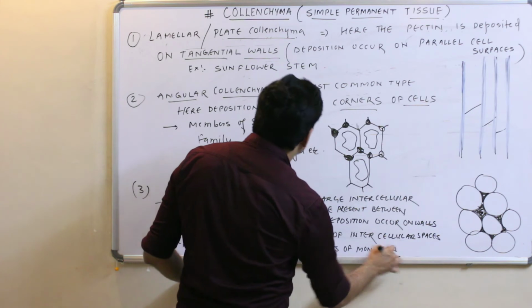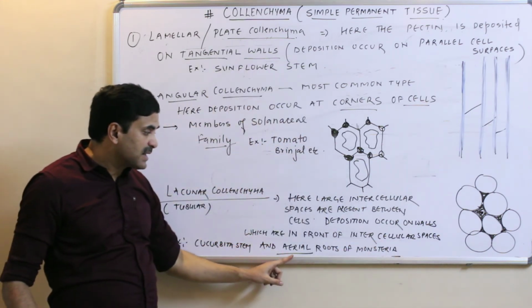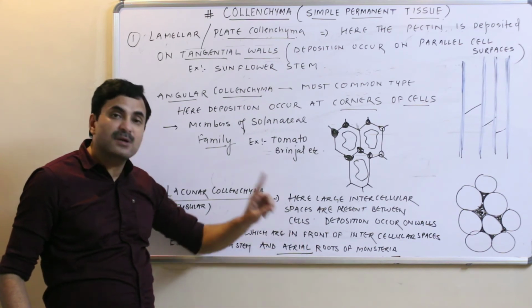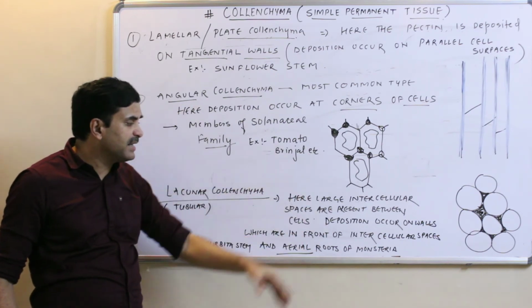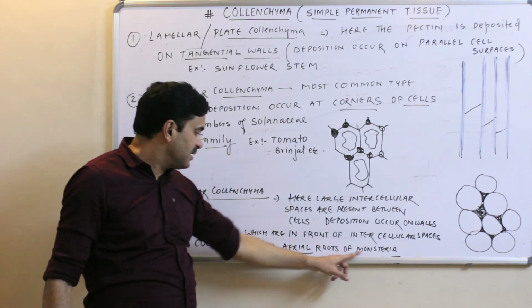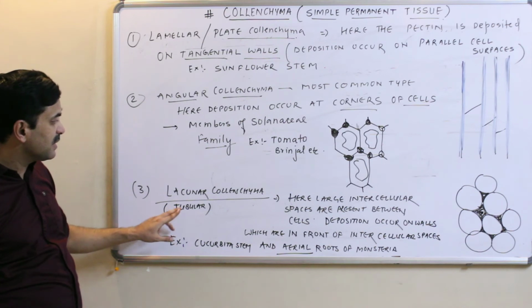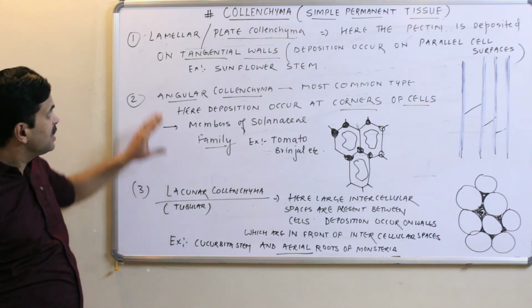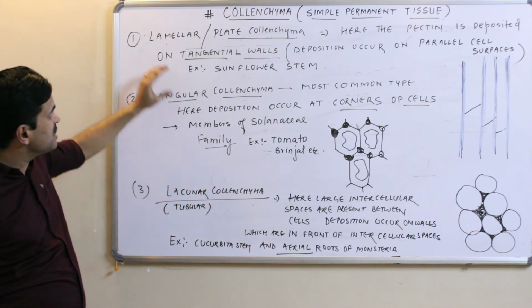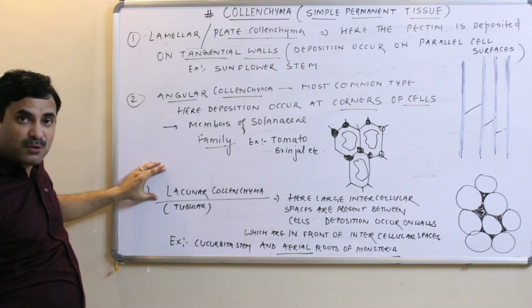I have said that it was absent in the roots, but exceptionally it is present in the aerial roots. Aerial roots means which are hanging in the air. So in aerial roots of monstera and cucurbita stem, this lacunar collenchyma is present. Alright, so based on the deposition, it is of three types: lamellar, angular and lacunar collenchyma.